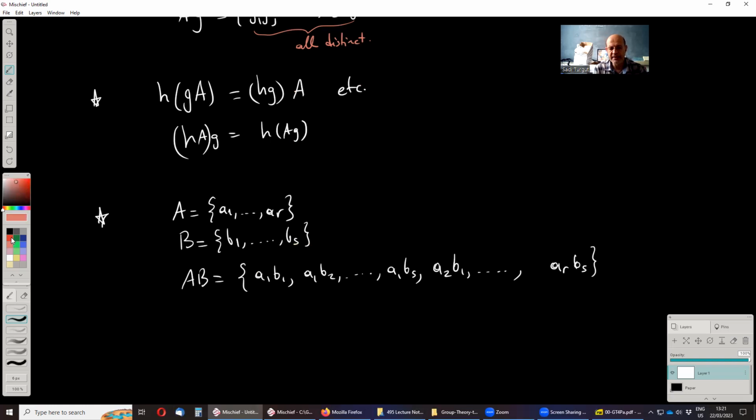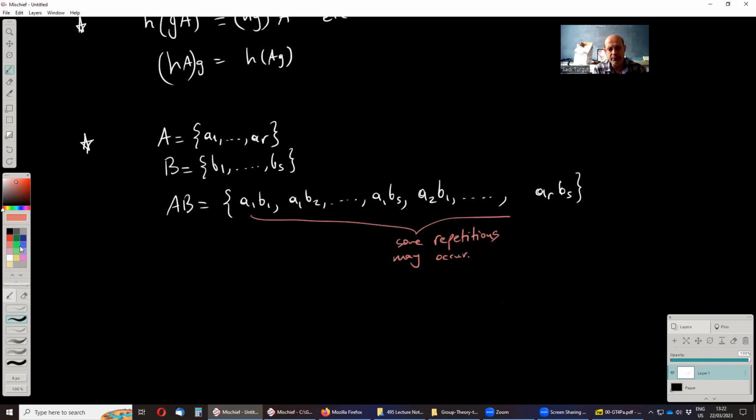Okay, but in here, some elements might be the same. Some repetitions may occur, right? In that case, the number of elements of AB might be smaller than R times S. So the number of elements of AB can be smaller than R times S. That's a possibility.